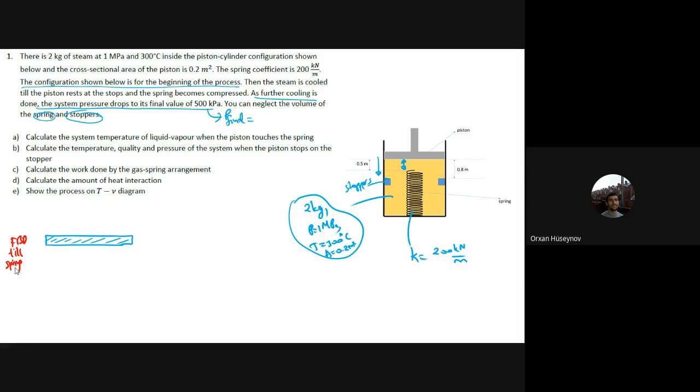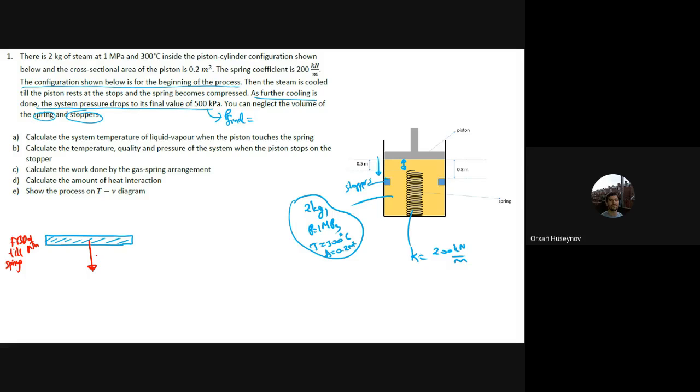After the spring, the free body diagram will be different. You will have the additional force here. So the free body diagram till the spring, the free body diagram of the piston.